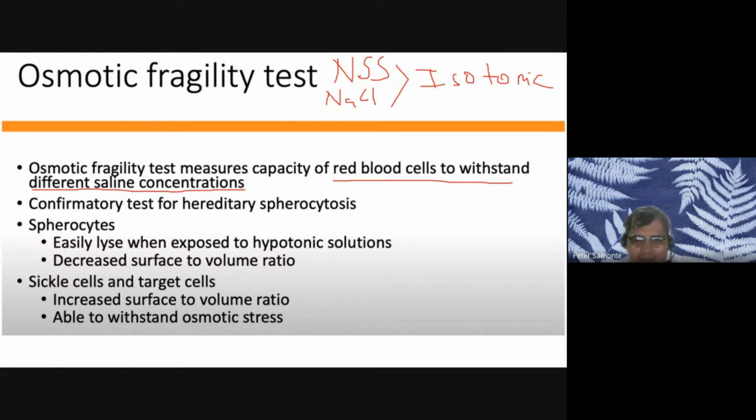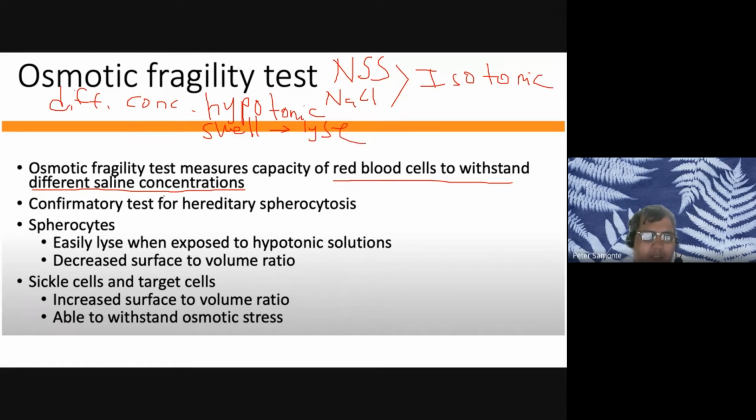But kapag merong different concentration of your NSS or sodium chloride, it could become hypotonic. And when it is hypotonic, class, the cell would swell. And when it swells, it would lyse.